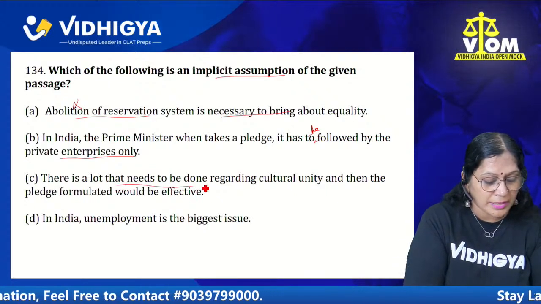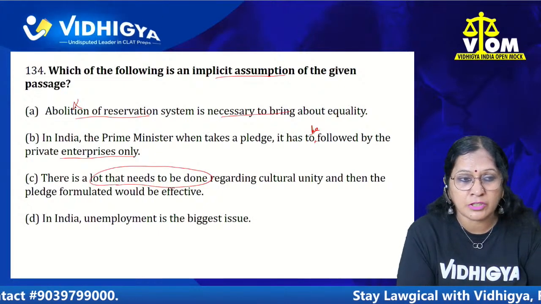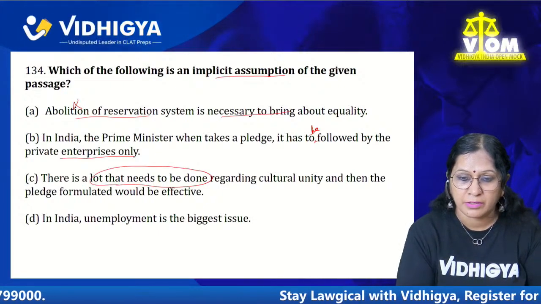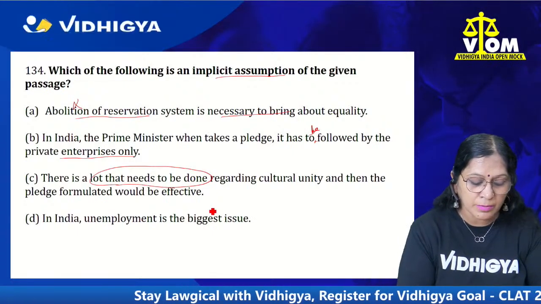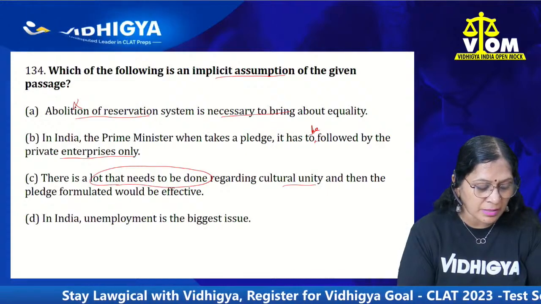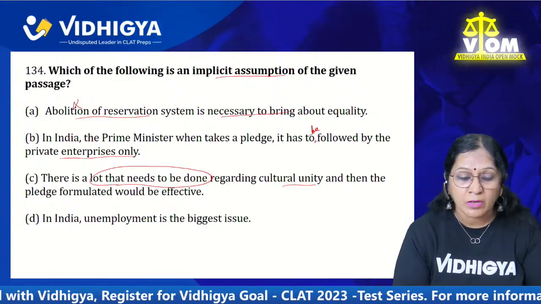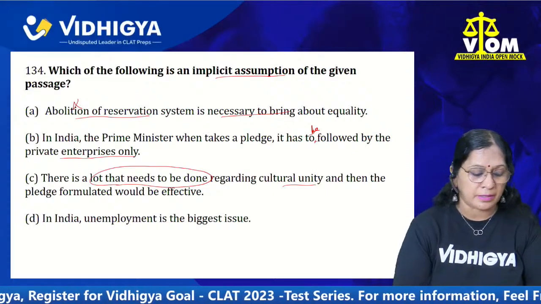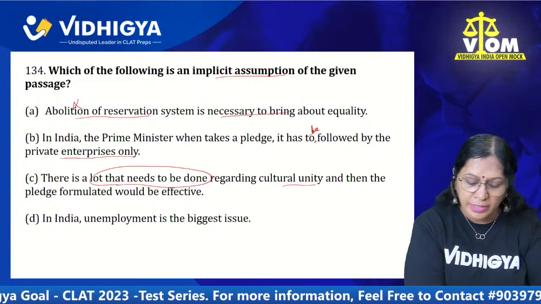Yes. Twice or thrice he has said that much is to be done yet. इसका मतलब जब उसे ये माना होगा तभी बोला. So there's a lot that needs to be done regarding the cultural unity, and then the pledge formulated would be effective. That is the Panch Pran that he had taken along with the youth of the country. Then it will be possible only when something else is done for the unity beforehand.